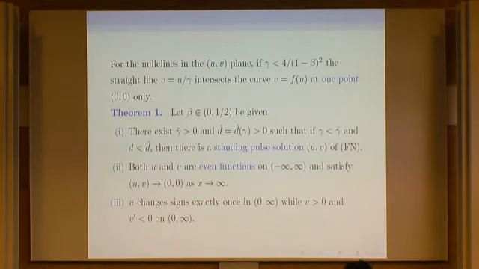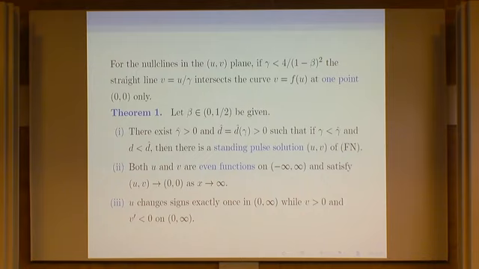Basically, for small gamma, there is only one equilibrium because this is only the intersection point. But if you increase the value of gamma, you could get 2 or 3 equilibria.